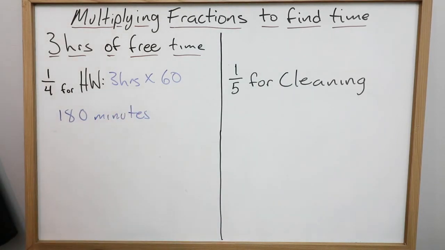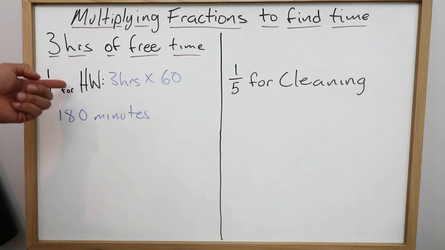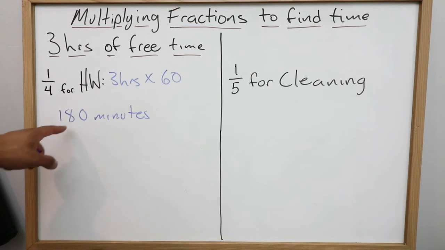Now, since I have converted these 3 hours into 180 minutes, all I need to do now is multiply this by 1/4 to find out how many minutes I spend doing homework. So I will turn this into a fraction, and since this is a whole number, all I need to do is put a 1 under it.